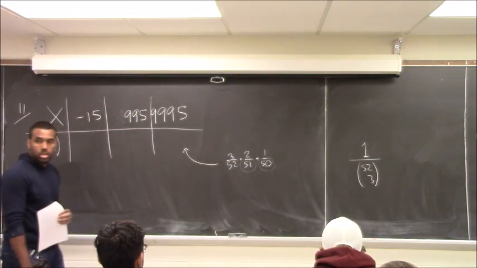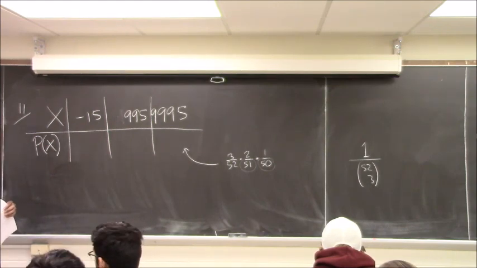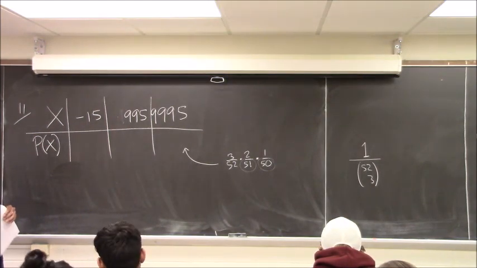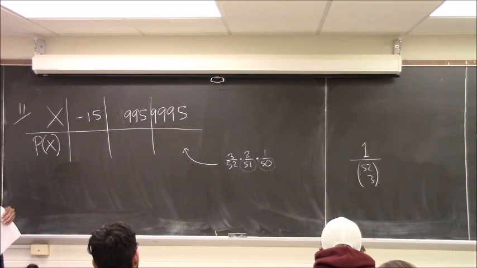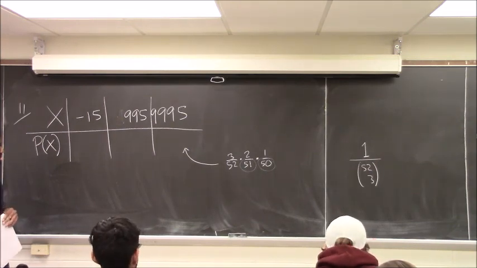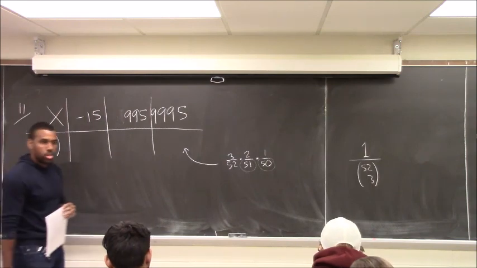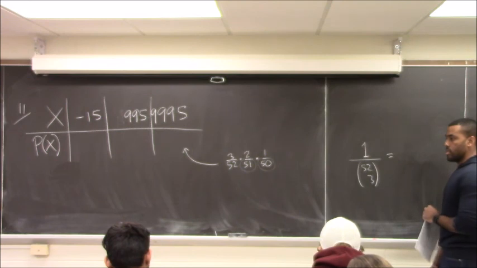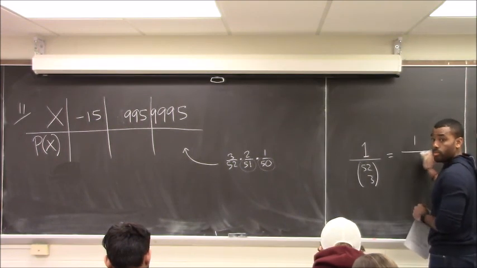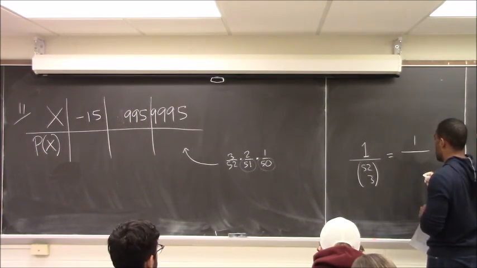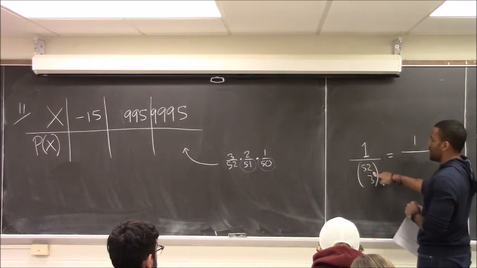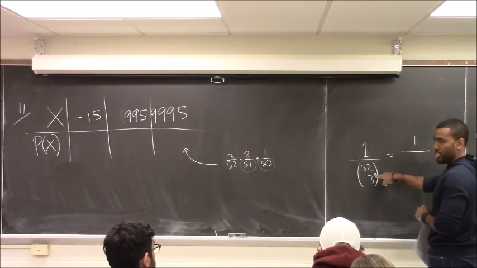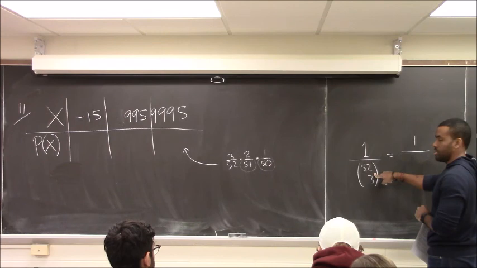So what does that actually simplify to? What does 52 choose 3 look like? 22,100. Actually, tell me the formula for this. 52 choose 3, what is that?